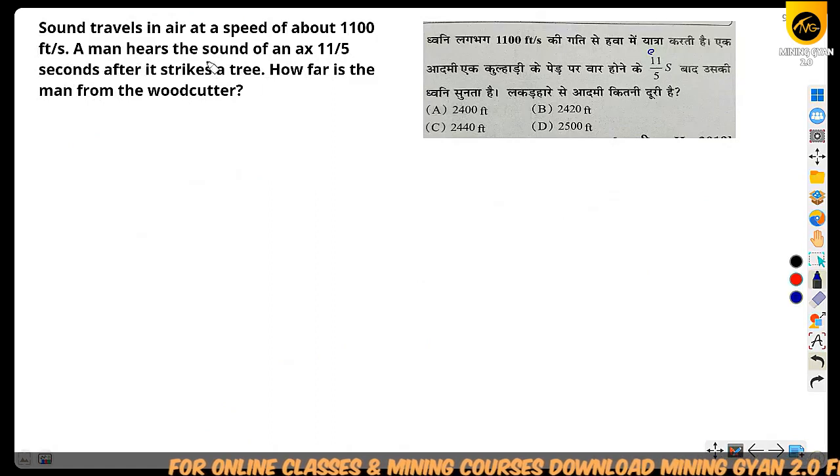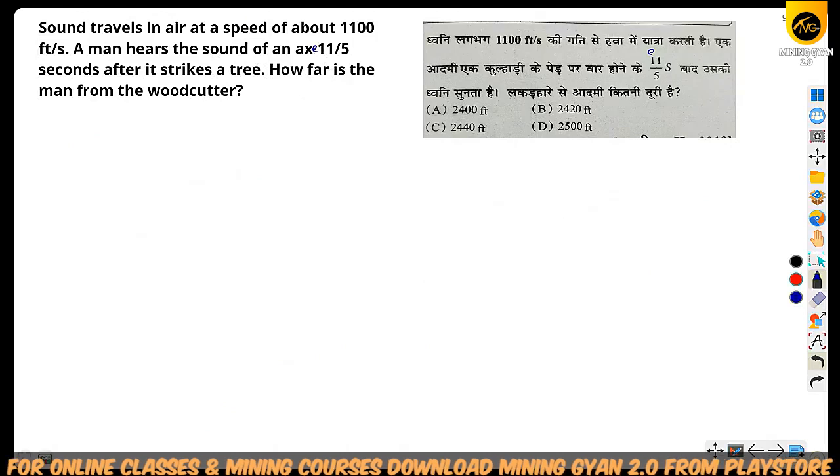A man hears the sound of an axe, 11 divided by 5 seconds after it strikes a tree. How far is the man from the woodcutter?